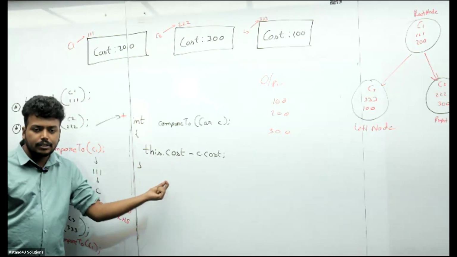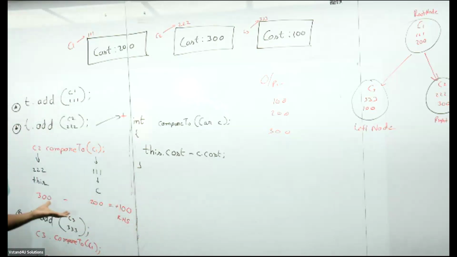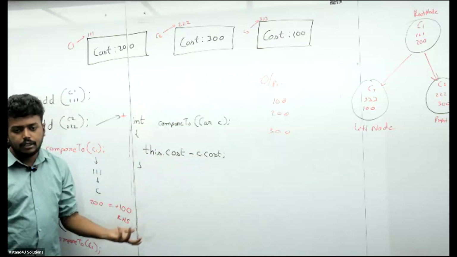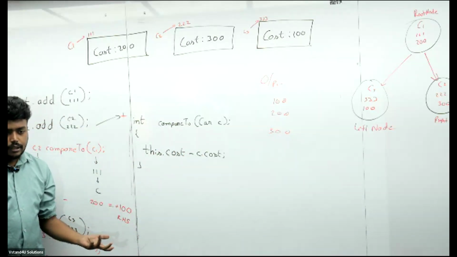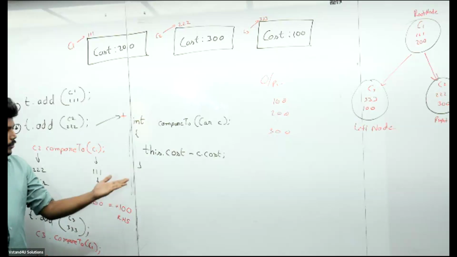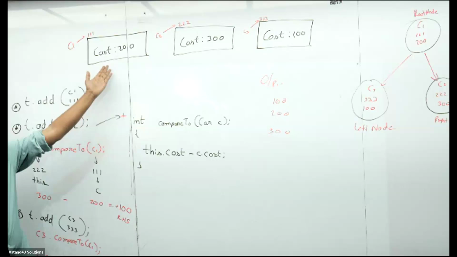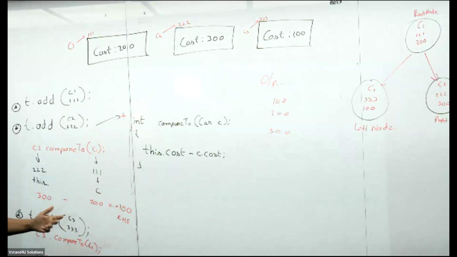What is meant by this? This is nothing but the current object. c.cost is what? The existing object. Okay, understood? this means the current object, and c means the existing values. For that sake, assume C2 as the current object.